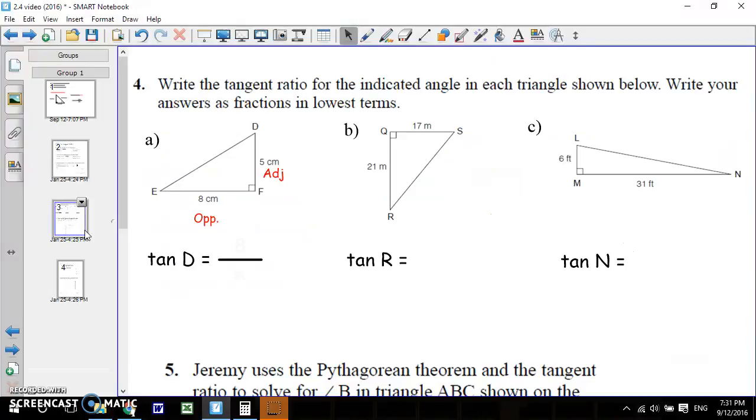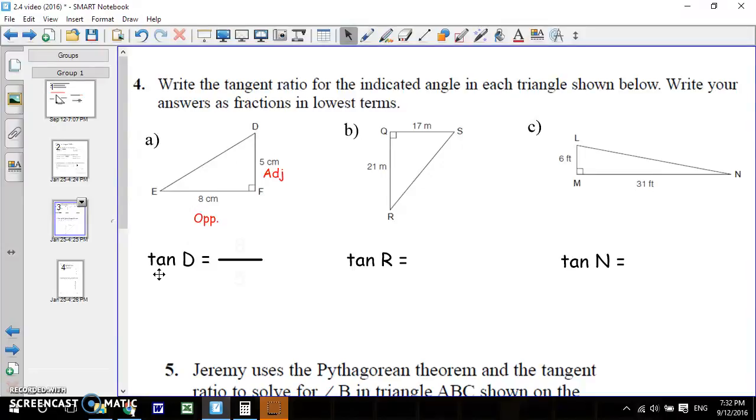So in question 4, write the tangent ratio for the indicated angle in each triangle below. Write your answers as fractions in lowest terms. Here we are not going to need our calculator simply because we are just putting our two sides as a fraction in lowest terms. Just like what you would do in yesterday's homework, when you're given a right triangle and you're asked to write its primary trig ratios, it's very wise to first label the sides that you know, or the sides that are important to us.